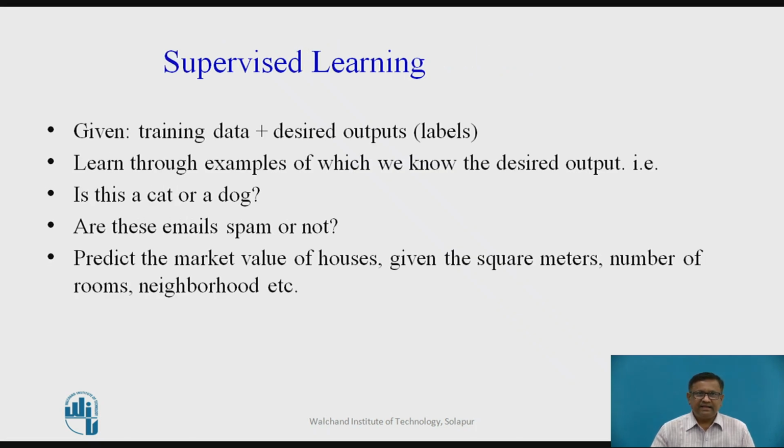In supervised learning, what is given is data, called training data, and the desired outputs with labels. The machine learns through examples of which we know the desired output. For example, is this a cat or a dog?